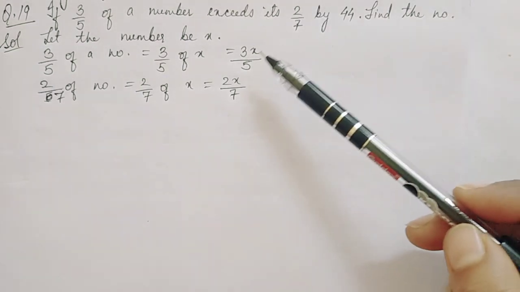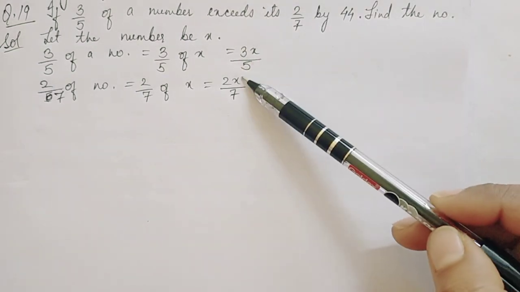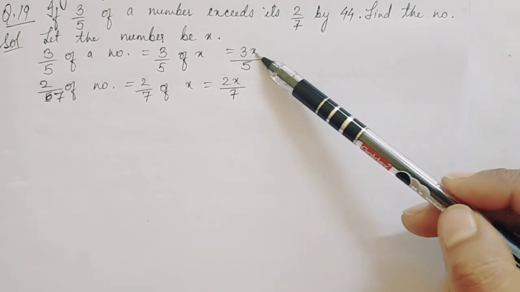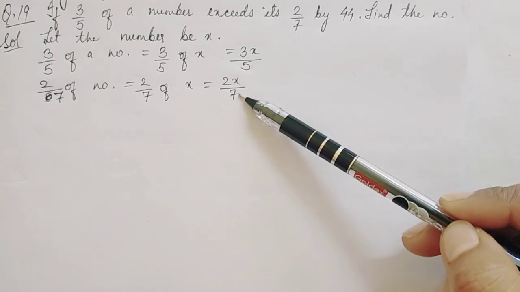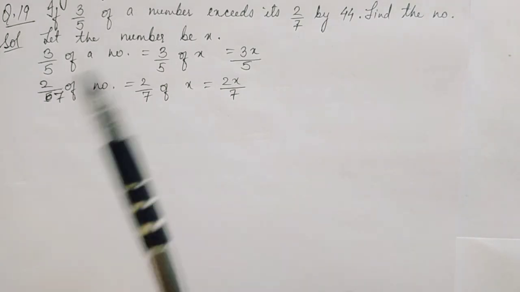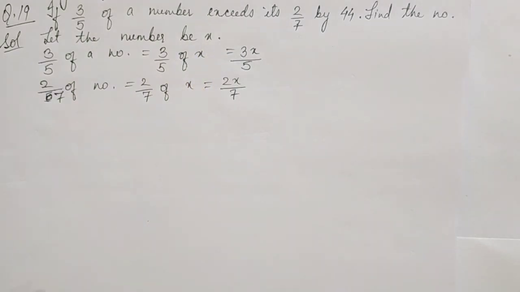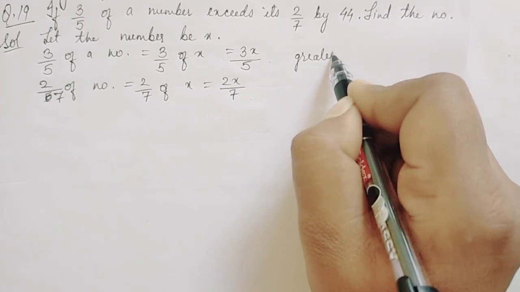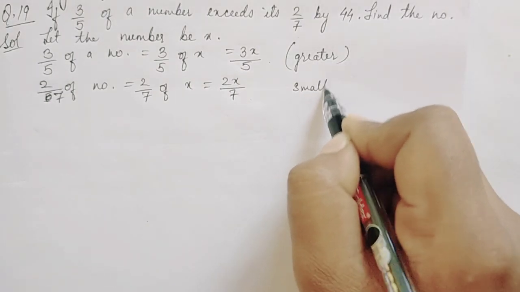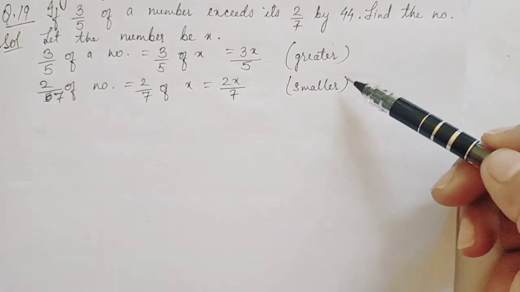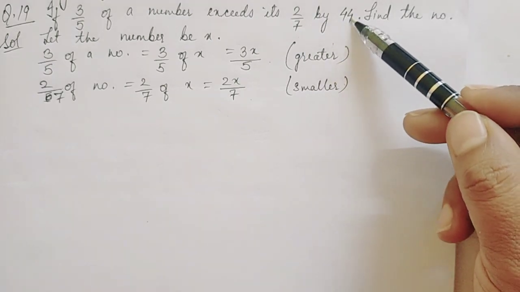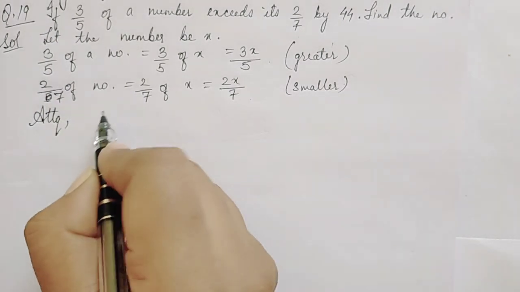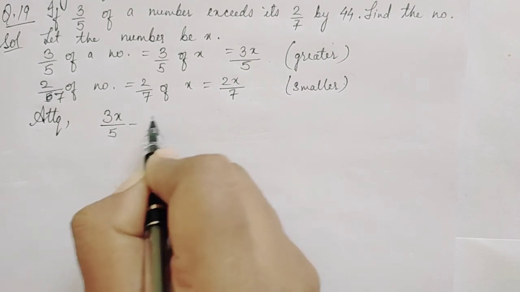So when we subtract 3x upon 5 minus 2x upon 7, this one is greater and this is smaller. So when we subtract greater minus smaller, we will get the value 44. Therefore, according to the question, when we subtract it, it will give you 44.